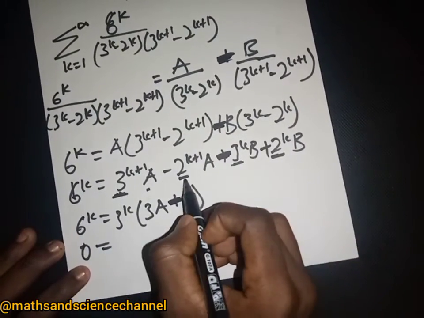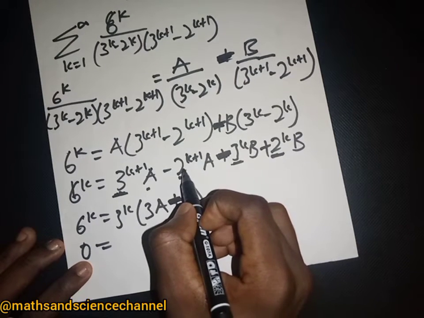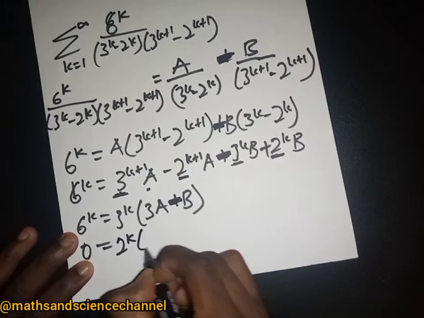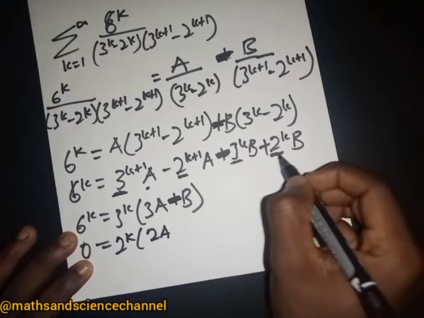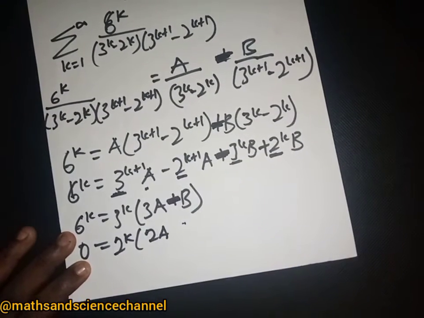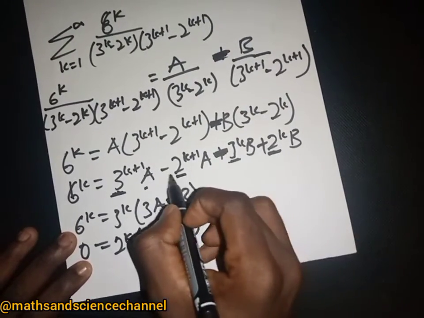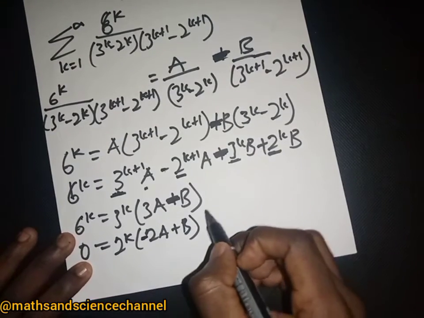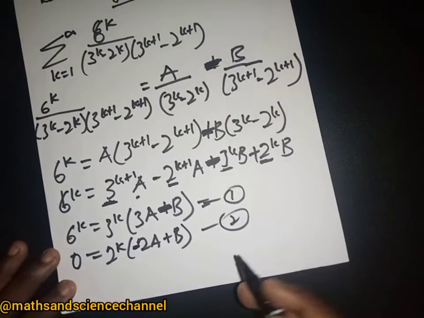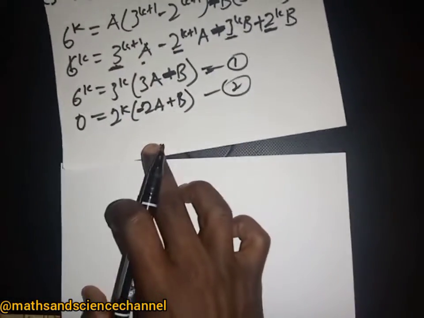In the second part, we can bring 2^k out, then we are left with 2A, then we are left with B. But remember the 2^k over here is negative, so we have negative here. So let's call this equal to 0. Let's call this equation 1, equation 2. But then also we can have the equation in this way also.